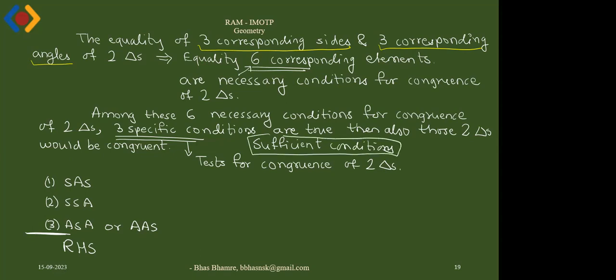And when these sufficient conditions are true, those triangles would be congruent. According to the textbook language of any board, we call them tests. But theoretically, our side angle side test is an axiom, and the rest are theorems which we can prove.